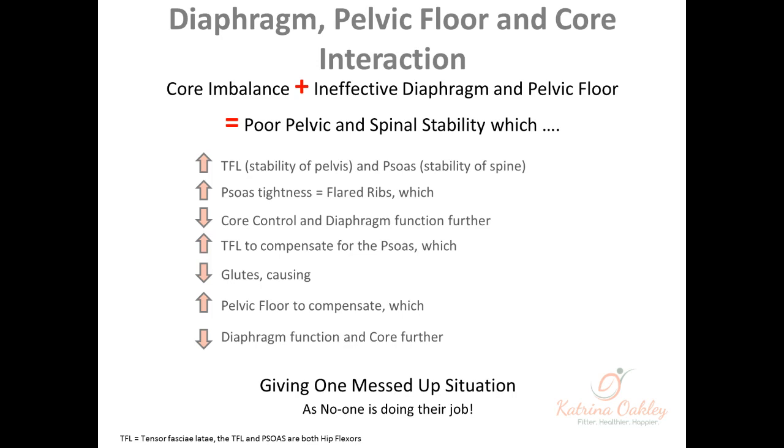If your pelvic floor is tight and is already risen, your diaphragm won't work properly because it can't get that really good breath down to regulate the pressure. So all in all, we get a huge, big, messed up situation because nobody is doing their job.